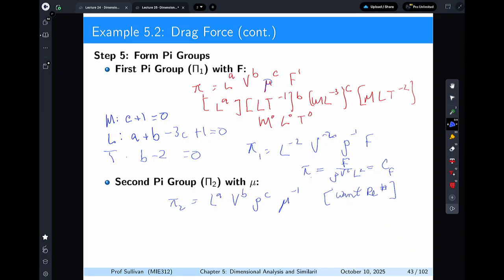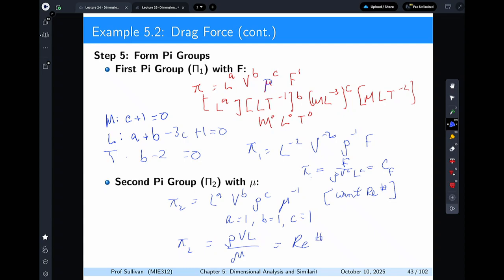And if I do that, I'll solve for A equals 1, B equals 1, C equals 1. And then pi 2 is just going to be rho V L over mu, and that equals a Reynolds number.